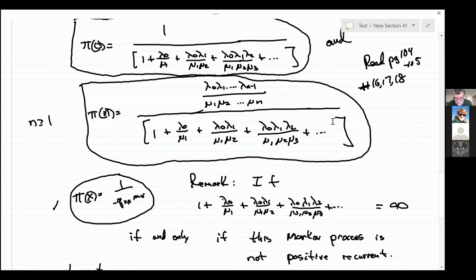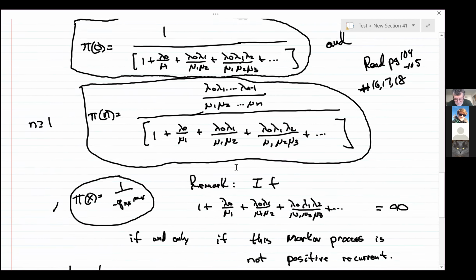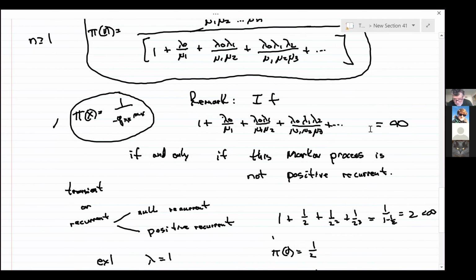We will need to make reference to this stuff, though. So remember that there's a stationary distribution if and only if this series converges. If it converges, then there's a stationary one. And if not, then it's not positive recurrent.